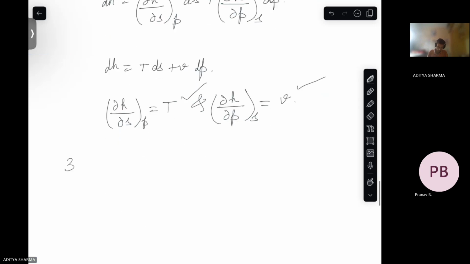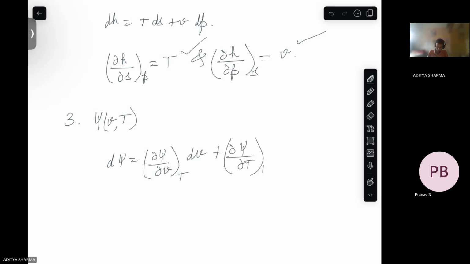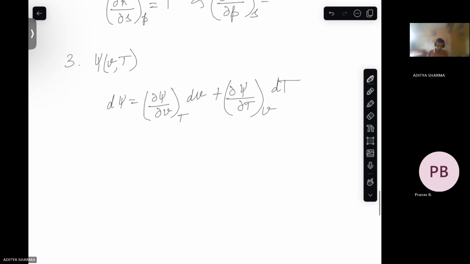Okay. Then third is this psi, that is a function of specific volume and temperature. So it becomes, okay.